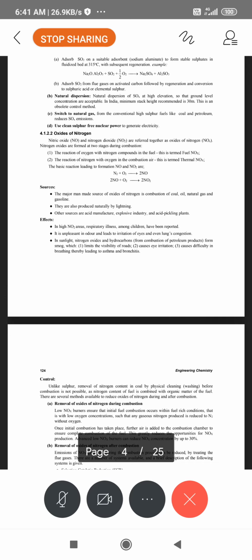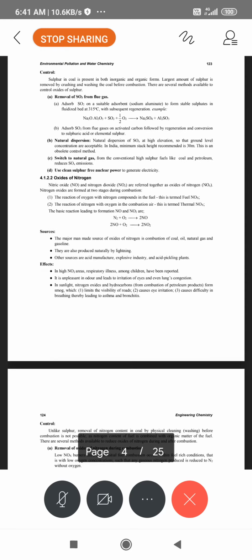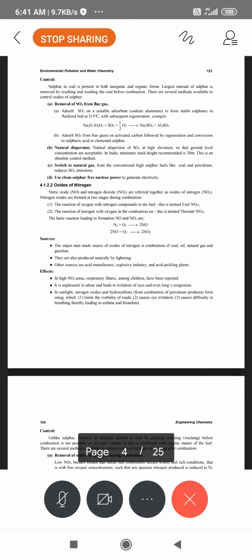It comes from the combustion of fuels, metal smelting, paper pulp, and oil refineries. There are many sources, and it causes a lot of health effects.